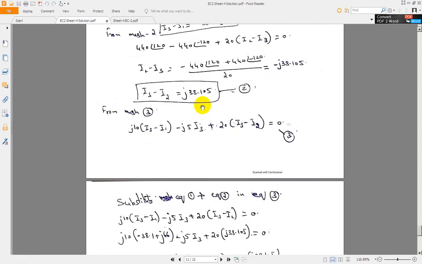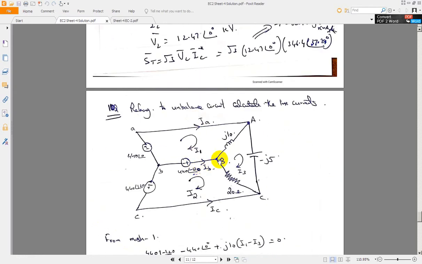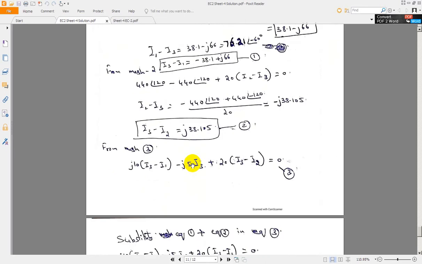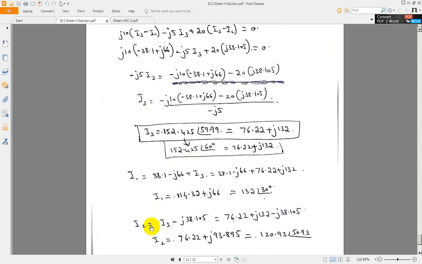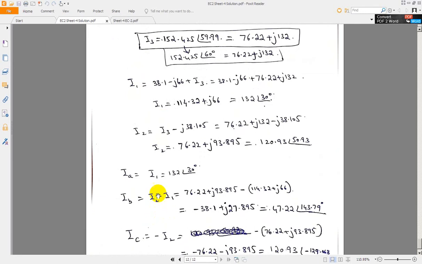Then IB. In this branch we are seeing two currents. One is I1 circulating, and the other current circulating in this branch is I2. The current flowing in this direction is I2, so IB is equal to I2 minus I1.